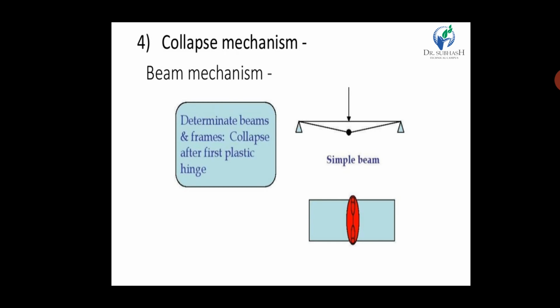Now what is a collapse mechanism? The beam mechanism determines the collapse of the beam or frame after the first plastic hinge is provided. Now, what is a plastic hinge and when does it occur? The plastic hinge forms in a member at the location of maximum bending moment. However, at the interaction of two members where the bending moment is the same, the hinge forms in the weaker member.